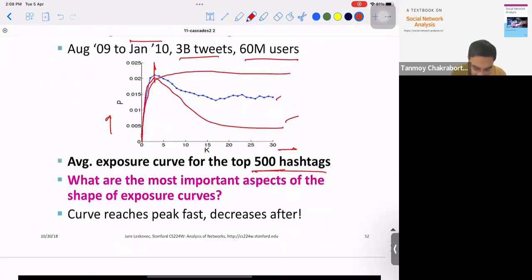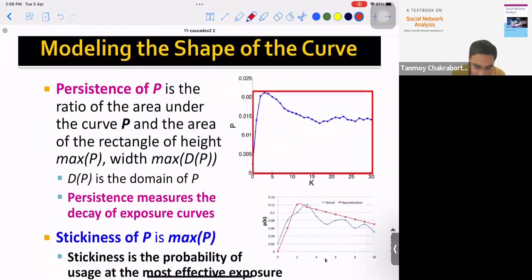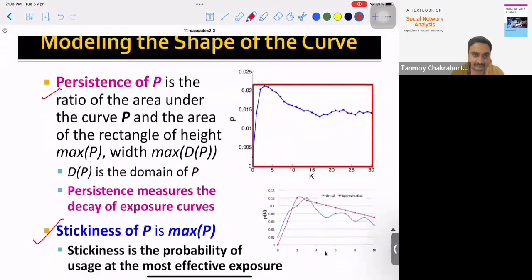They defined two factors. One is called persistence and the other is called stickiness. Using persistence and stickiness, they tried to characterize the exposure curve. What is persistence?